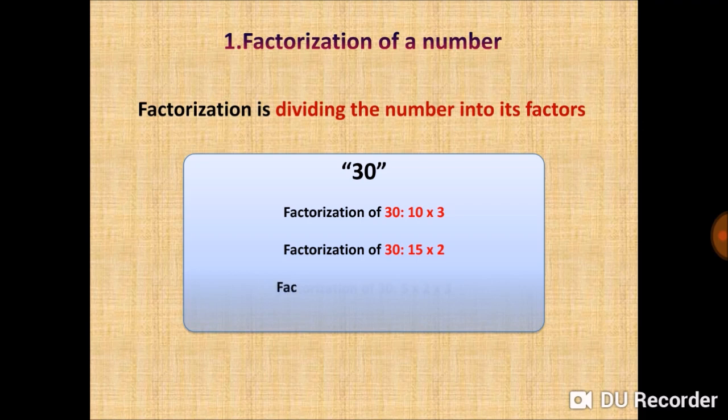Then the another way we are dividing it into 3 numbers, that is 5, 2 and 3. So I think with this example you know what is meant by factorization. It is dividing the number into different smaller numbers using multiplication. Actually we are using the factors only.